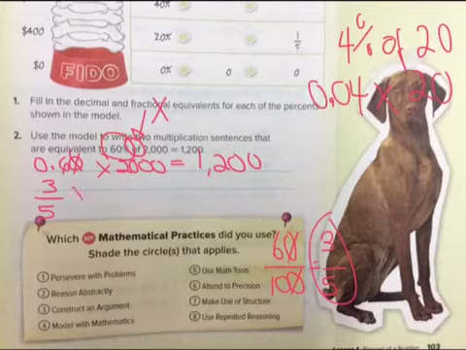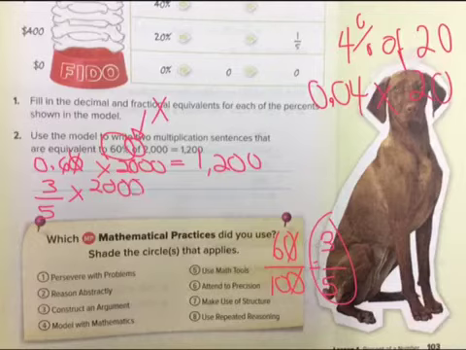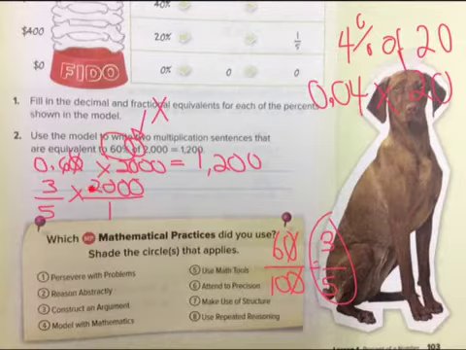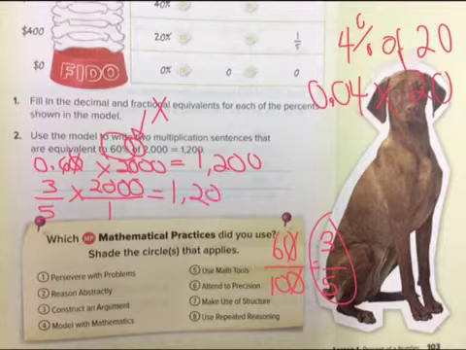So 3/5 times 2,000. Remember to turn this into a fraction, you put it over 1, and then you cross reference how many 5s are in 2,000, and then you multiply straight through. And when you multiply straight through, you're going to notice that you get 1,200 as well.